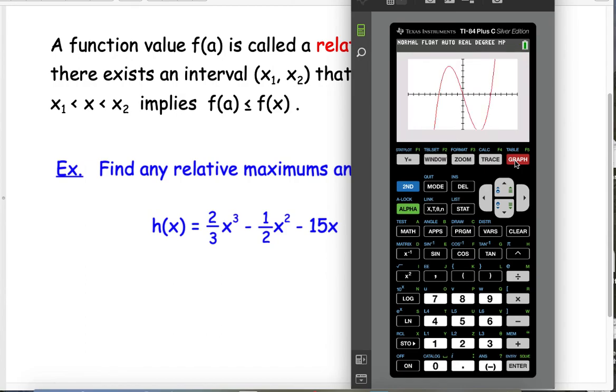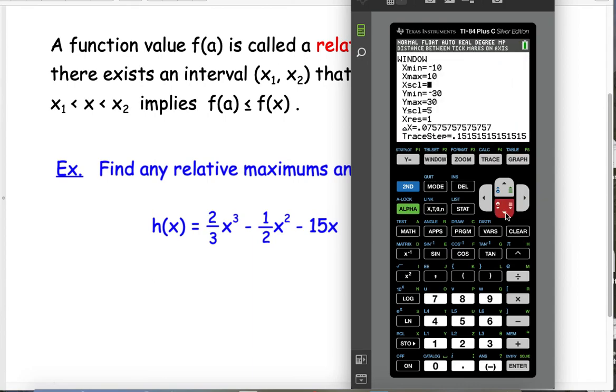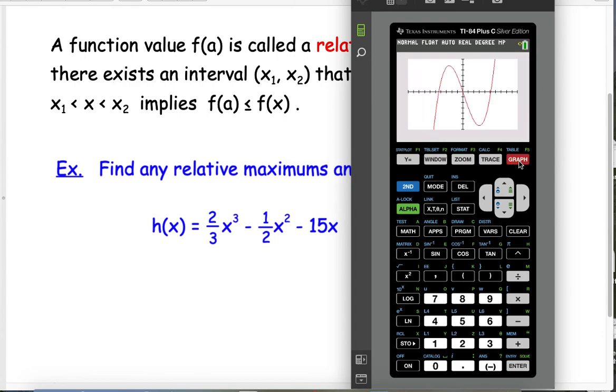That was enough for the maximum, but not quite enough for the minimum. So I'm going to change my minimum to be, how about negative 35? There we go. All right, so we have one relative maximum. You can see that occurs somewhere around negative 2 or 3. And then we have one relative minimum, which looks like around positive 3.